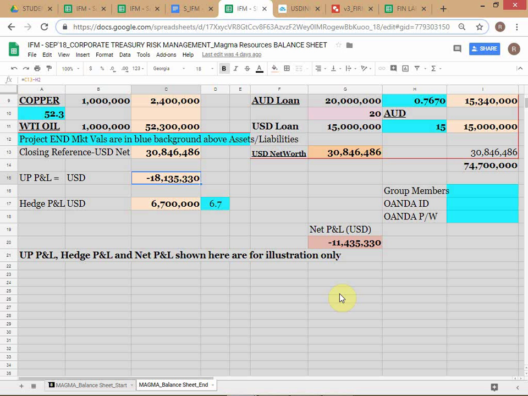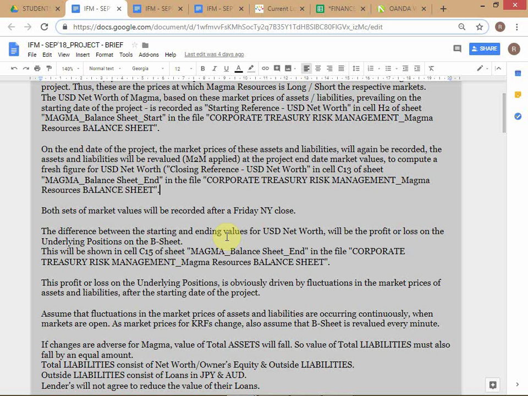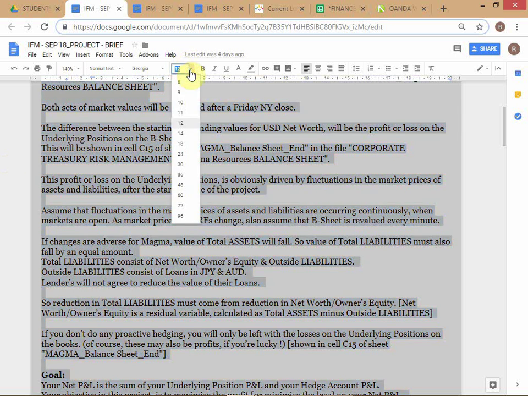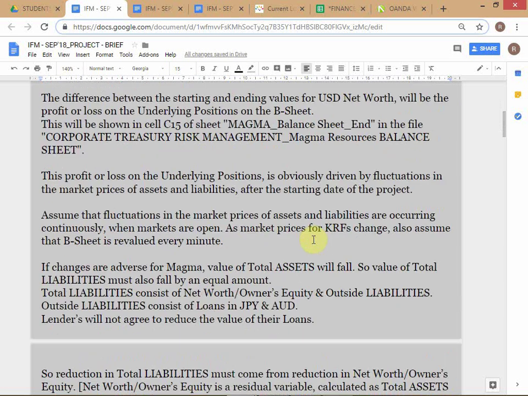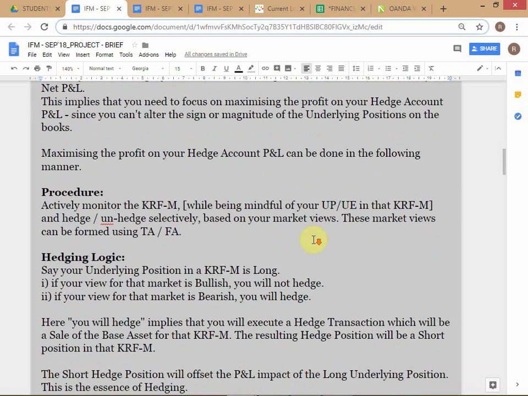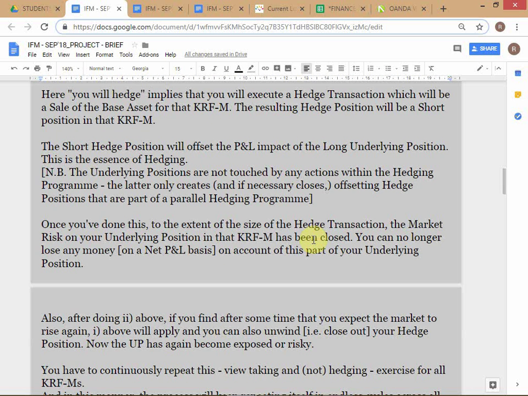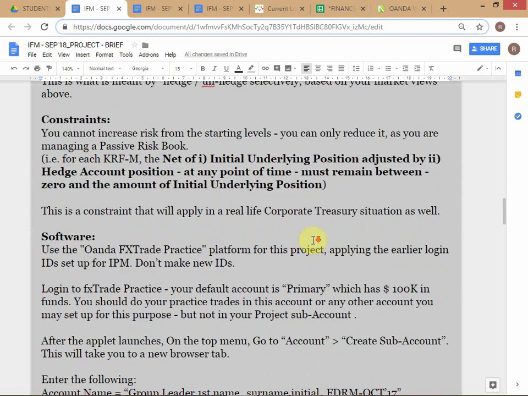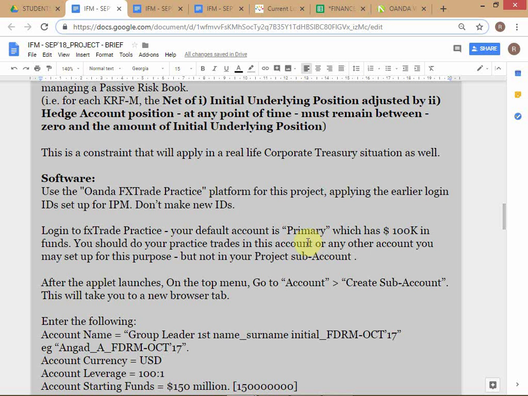Okay? So the rule that we are coming to, to show why Sahil is correct, is a very important rule in hedging.